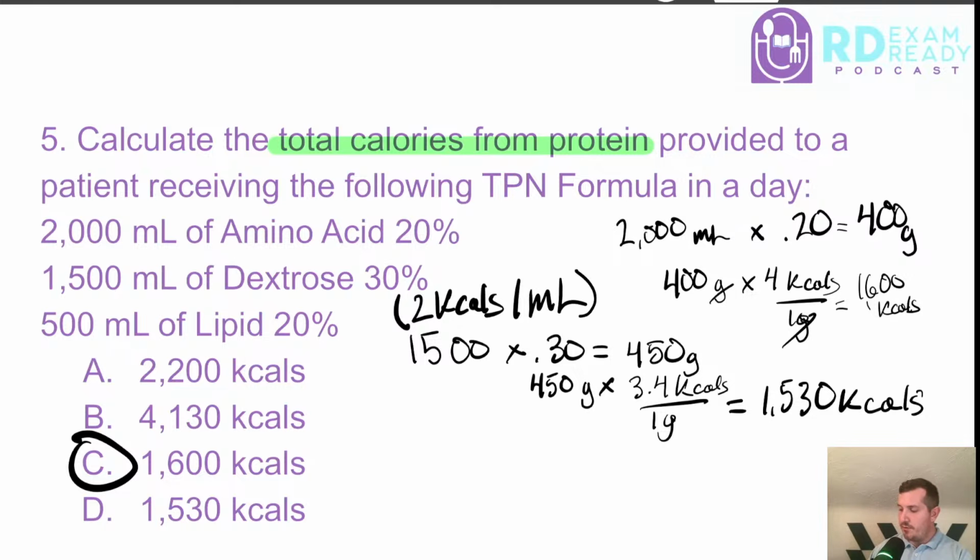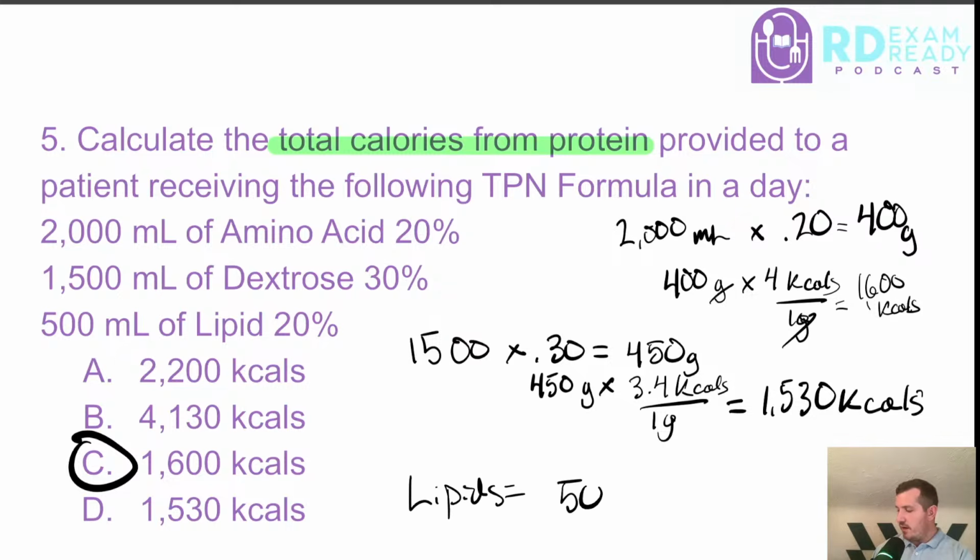So 500 milliliters times 2 kcals per 1 milliliter would be 1,000 kcals just from the lipids.